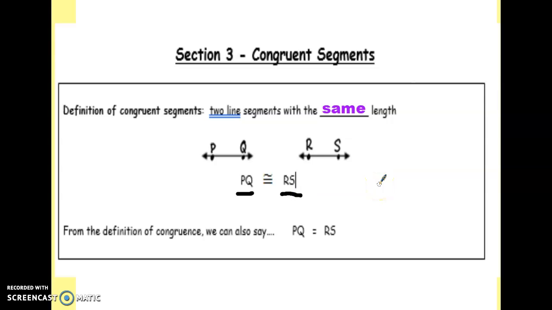That statement means that those two line segments are exactly the same length. And from that definition, we can also say that they're equal. But again, this is typically not used in geometry quite as often because they're not the exact same line, but they are the same length.